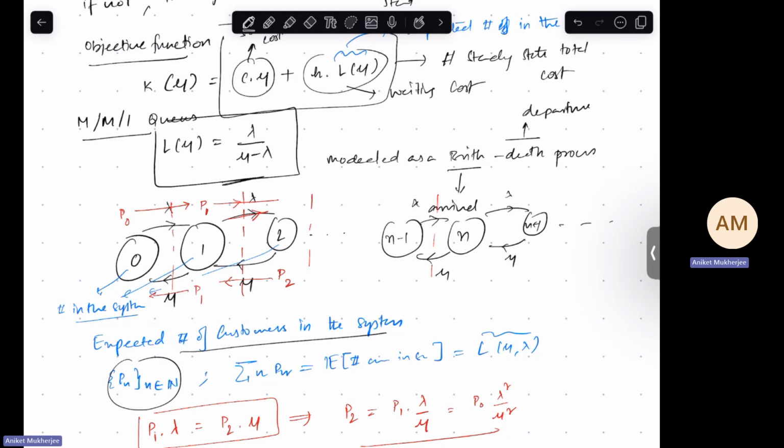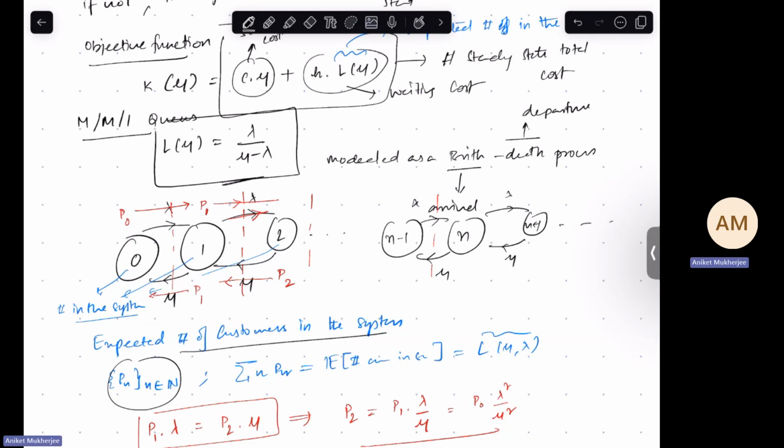So mu is the rate at which you serve. Then you go from 1 to 0, right? So you decrease. So at rate mu, you serve a customer. So that indicates a death. And with rate lambda, a new arrival occurs, which indicates a birth. So you model the MM1 queue as a birth death process, right?